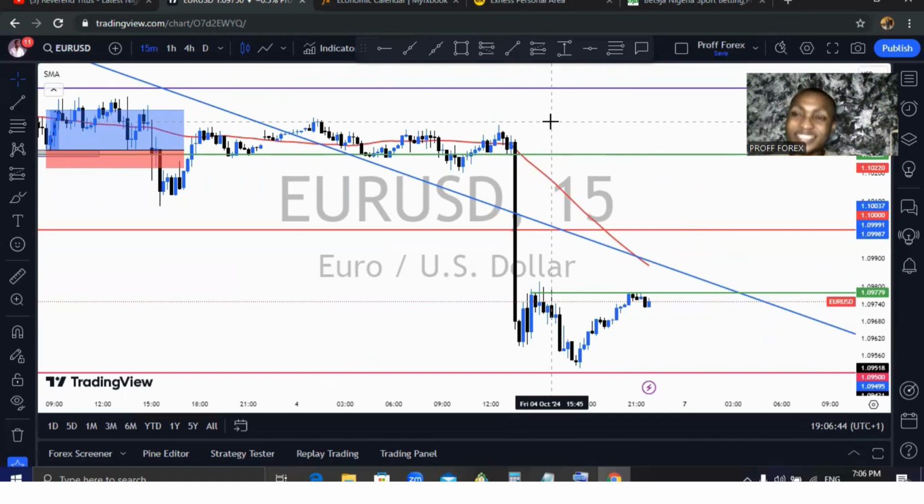Either the chart states that it is better than expected, because in fundamental analysis, better than expected simply states that the people that got jobs are much more than the people that lost jobs. If it states worse than expected, what does it mean? It means that a lot of people did not get jobs for that month.